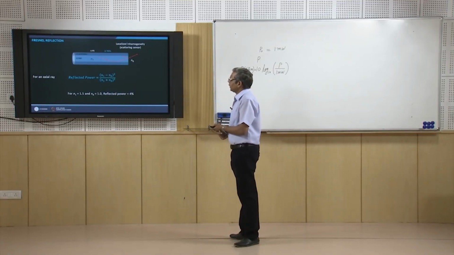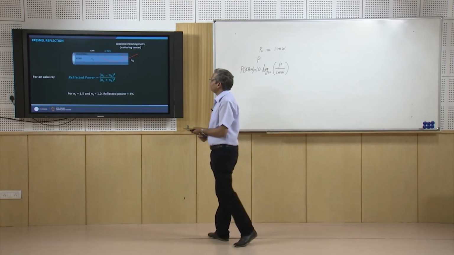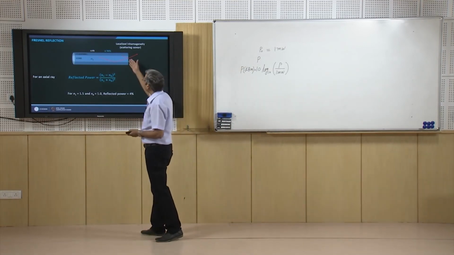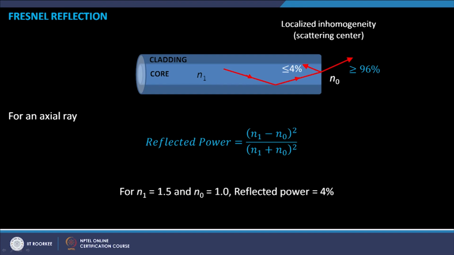Now, the next is Fresnel reflection. When light hits the output end of the fiber, there is an index contrast. Here you have the core with refractive index N1, and here you have air with refractive index N0, which is 1 basically.